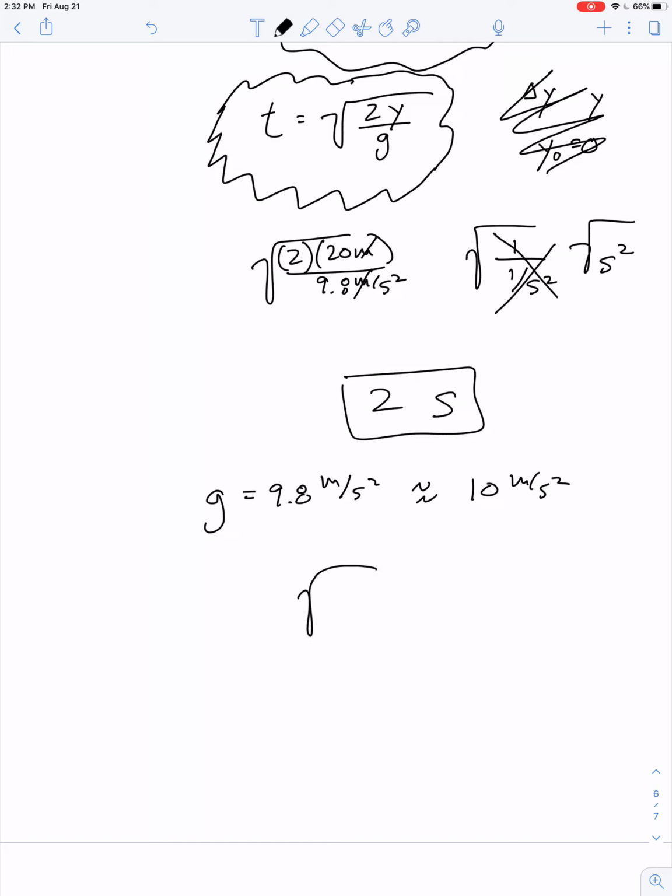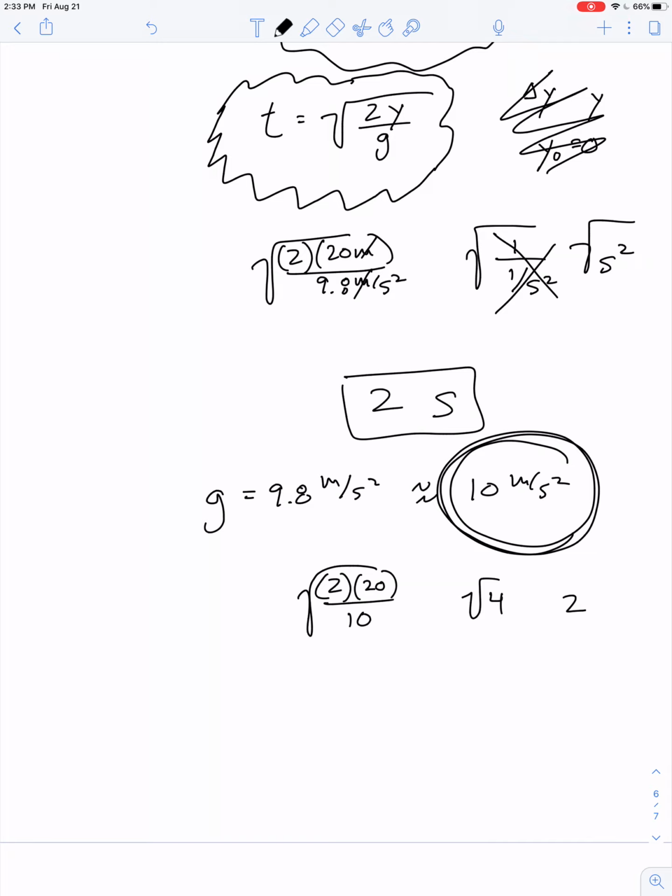In that case, the numbers would have been 2 times 20 over 10, which would give exactly the square root of 4, which is exactly 2 seconds. So if you don't mind being off by a small amount or not maintaining a large number of sig figs and just want a quick, reasonable answer, then it's fair to round the acceleration due to gravity to 10, because that'll often make the math a little bit simpler.